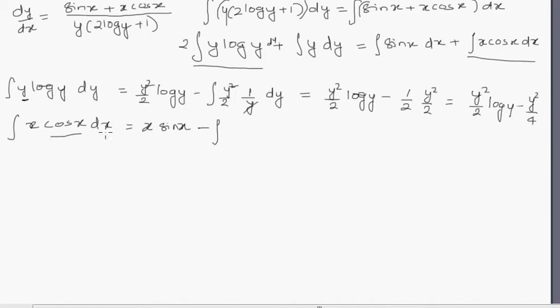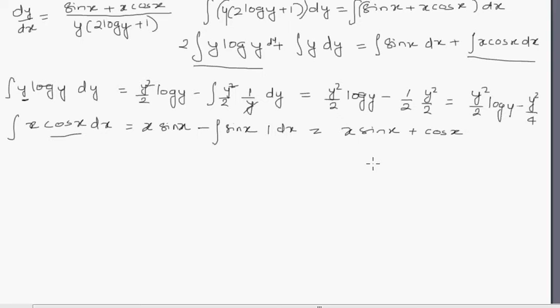To recap, I leave x as is, integrate cosine of x, minus sine of x as is, times the differential of x, which is 1 dx. So what do I have? x sine x minus the integral of sine x dx, which is negative cosine of x, so the two negatives become positive: x sine x plus cos x.